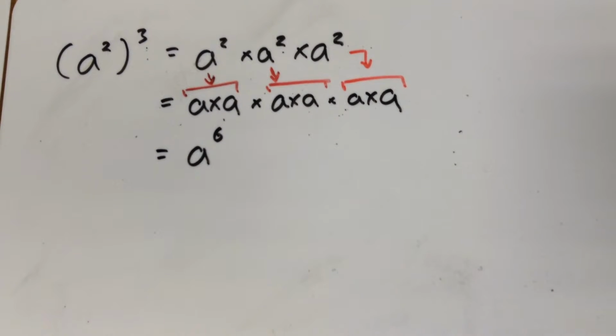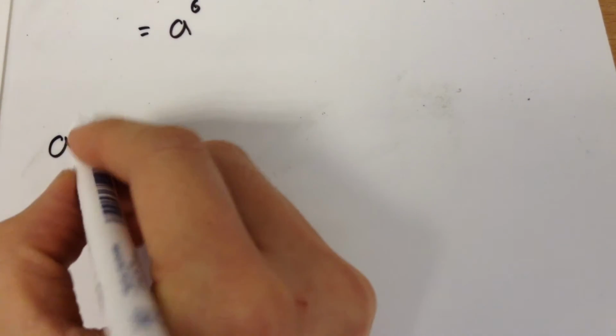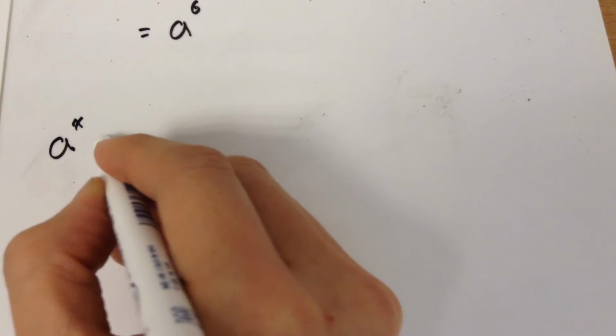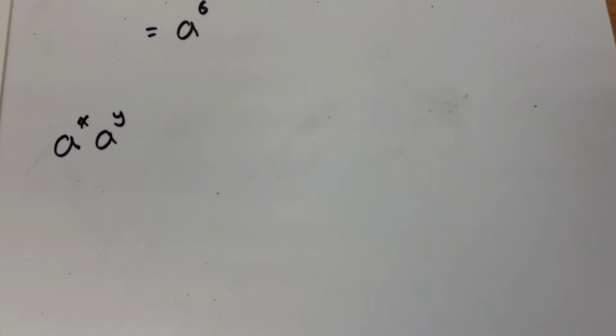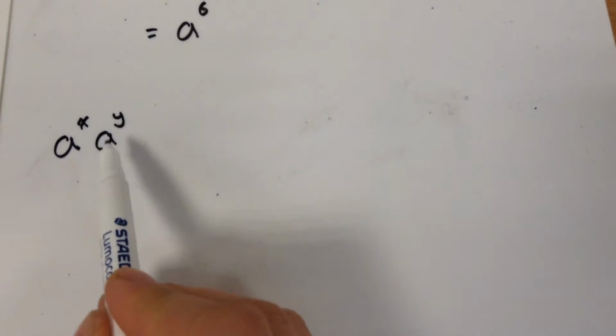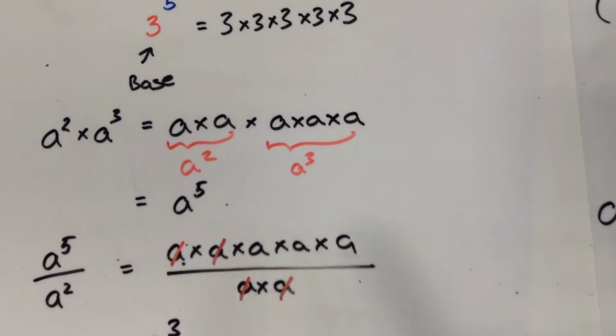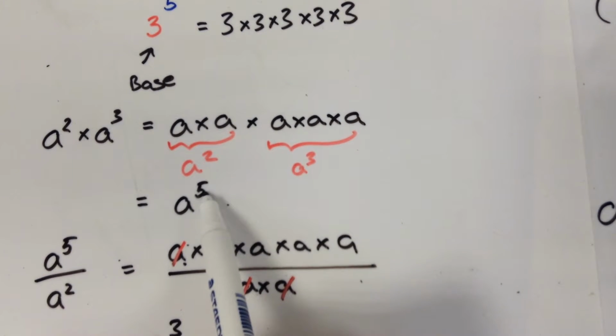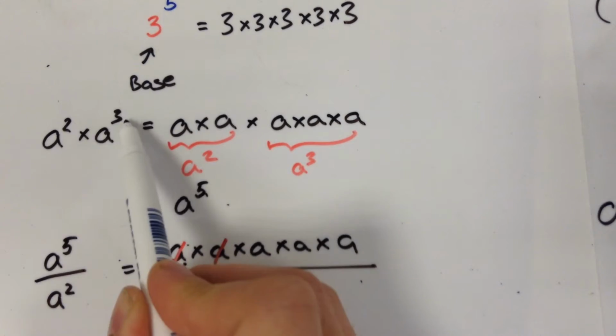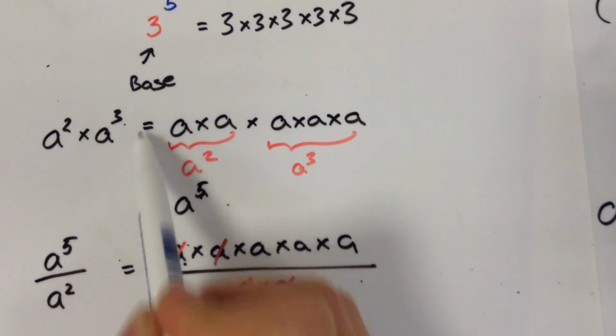So from here, we looked at the general rules for all numbers. If you multiply two indices of the same base, so going back to what we did here, you'll find we are adding the number on top, or the power.